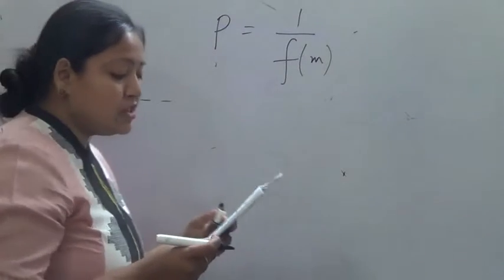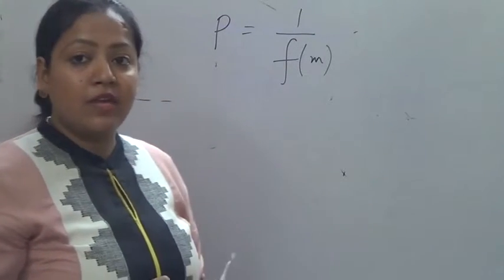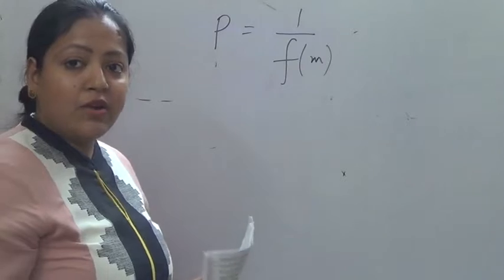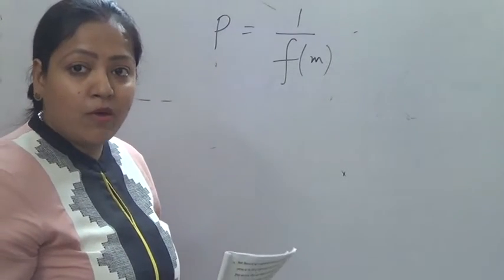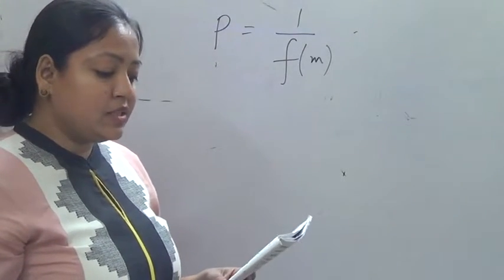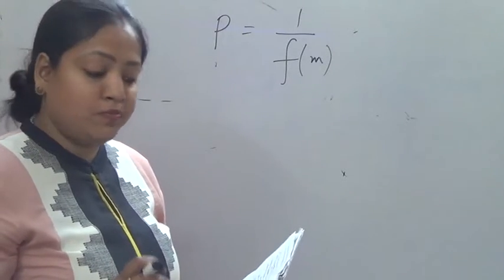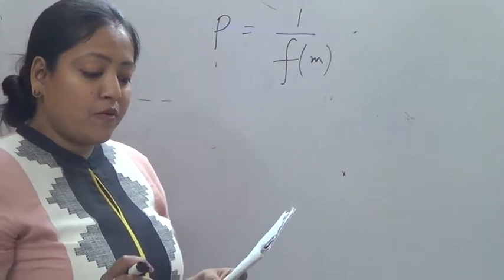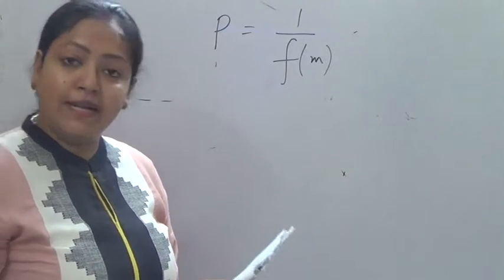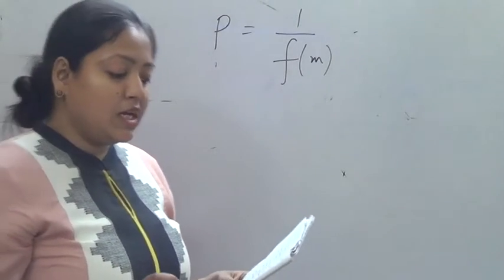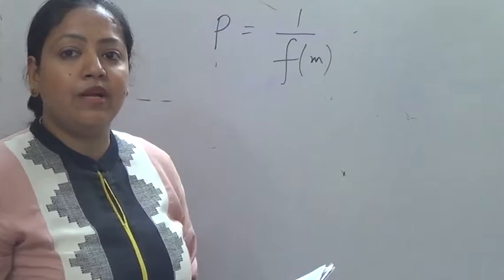And the next part is, what is the SI unit of power? The SI unit of power is diopter. And the next part of the same question: a student uses a lens of focal length 40 centimeter and another of minus 20 centimeter.